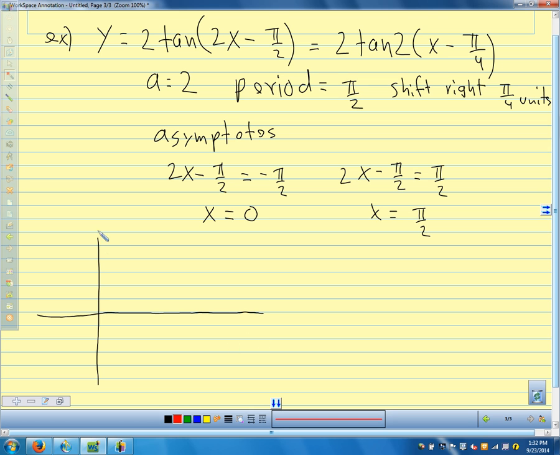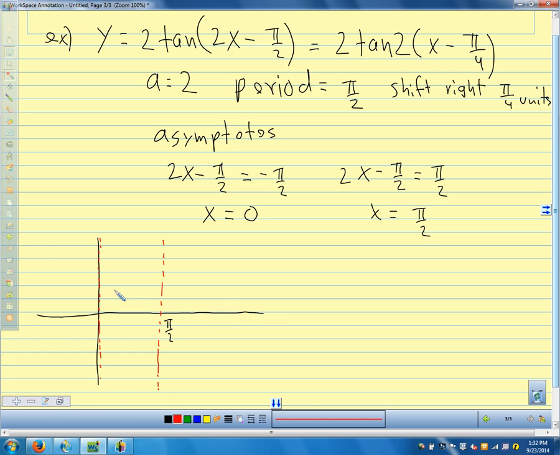So I have a vertical asymptote when x equals 0. I have a vertical asymptote when x equals pi over 2. And our period is pi over 2 units. I'm just going to go ahead and do one in the negative direction here.